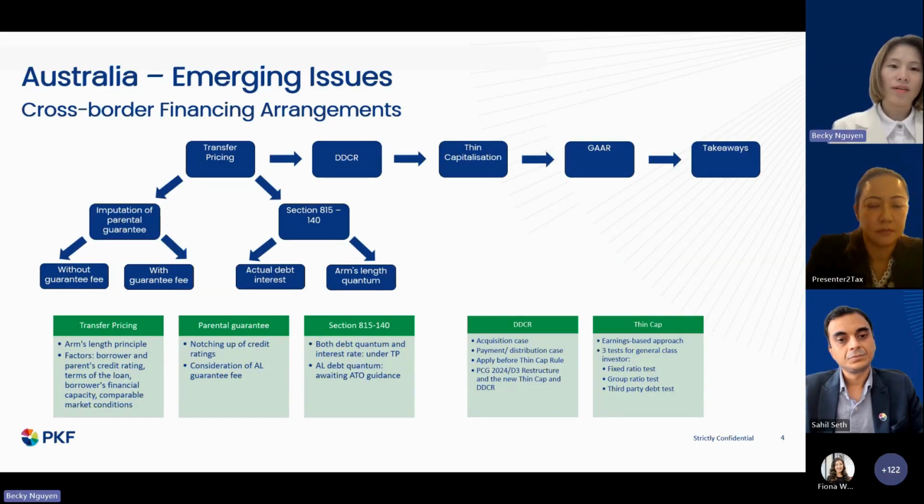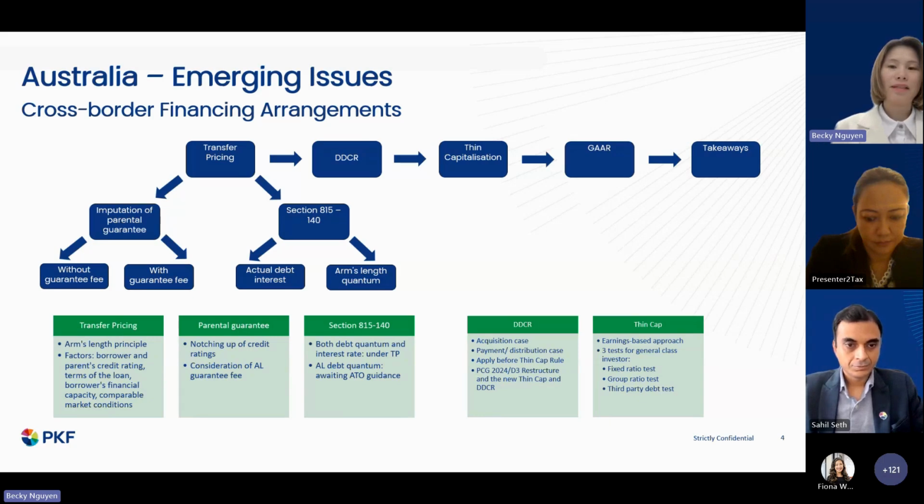And moving on to the second rule, debt deduction creation rules. With the introduction of the debt deduction creation rules, it operates to deny debt deductions on intra-group debt that lacks genuine commerciality.